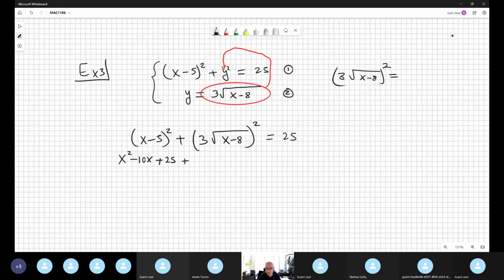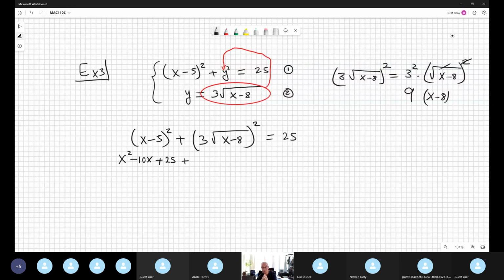This is equivalent to 3 squared, which by the way is 9, times the square root of x minus 8, squared. You know very well this is 9, and the square root and the square cancel out each other, and stay only x minus 8. But be careful, you put the parenthesis, because the square root behaves like a grouping symbol.